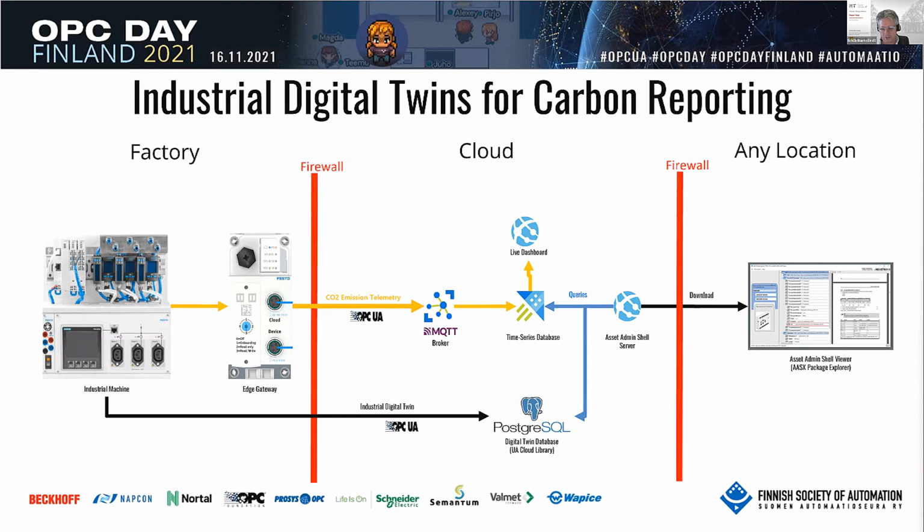So in general, if you're not familiar with how this works, there are three types of emissions in a manufacturing facility. There are the direct emissions, which are scope 1 and 2: basically your burning of fossil fuels and your electricity bill.